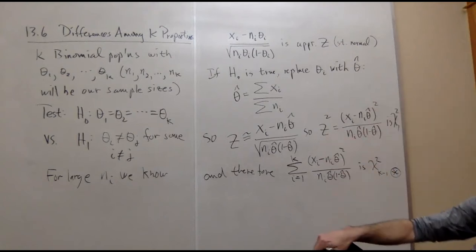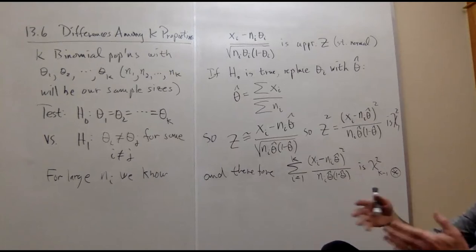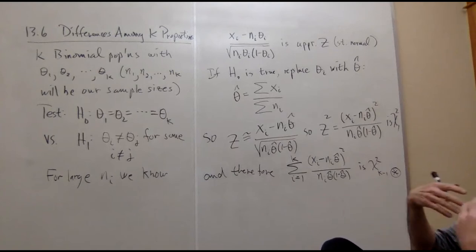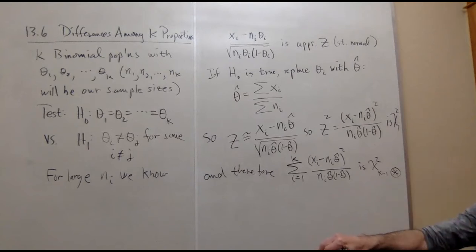Remember section 5, we were testing hypotheses about the value of theta, a proportion from a binomial population. And just like before, we went from mu to 2 mu's and then from sigma to 2 sigmas. We want to extend it from one binomial population, and we're going to jump all the way to k of them.